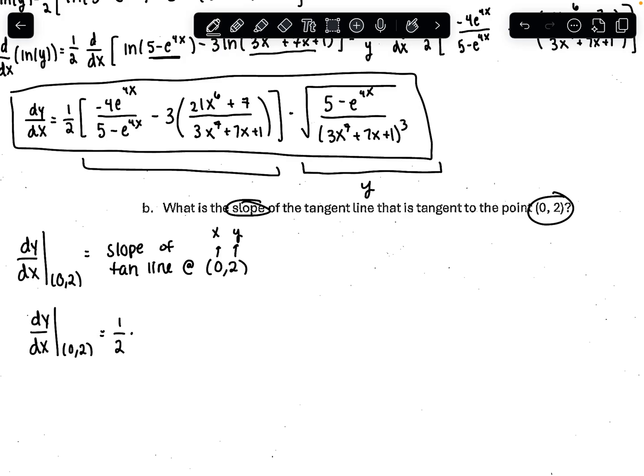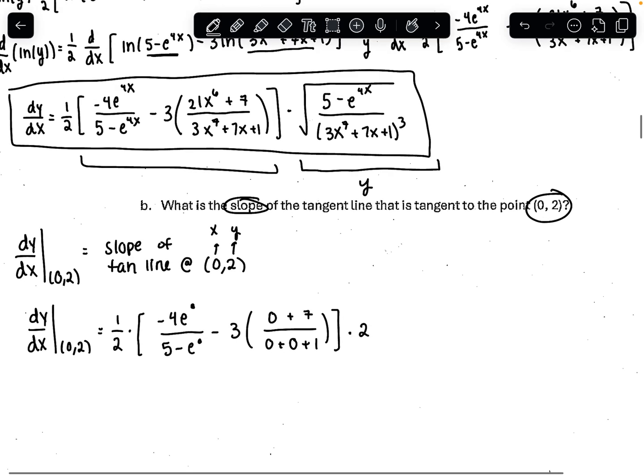A lot of things are going to simplify here. Remember, e to the 0 is just 1. So that'll help us out here. And then we're going to have 0 plus 7 over 0 plus 0 plus 1, times y, which is 2.